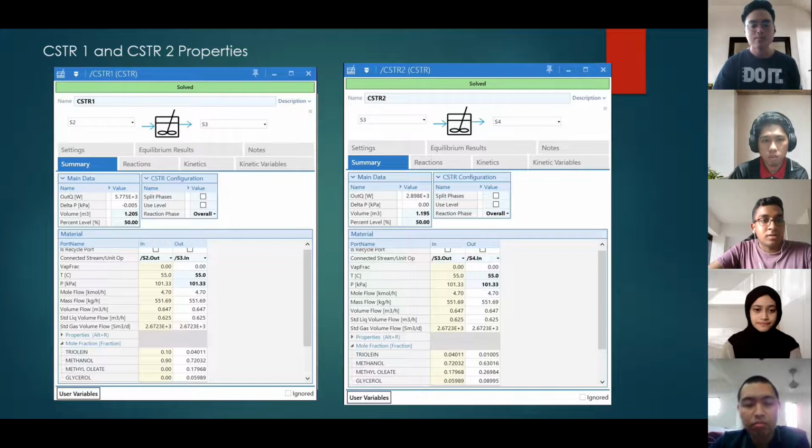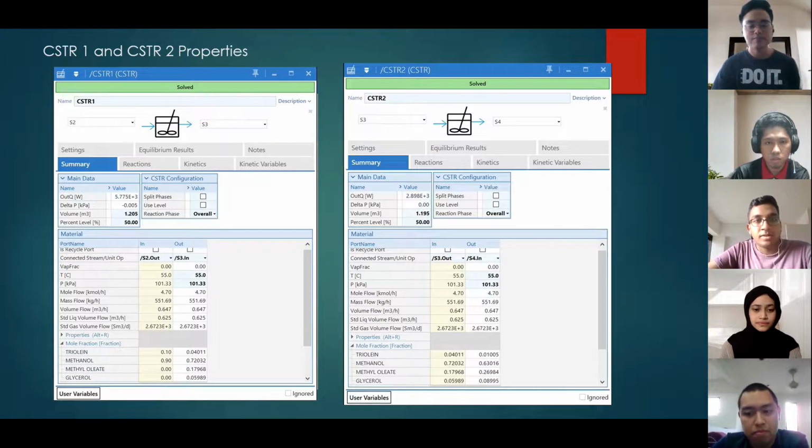So here we will be using two CSTRs in series, in which the first CSTR has a volume of 1.205 cubic meters, and the second CSTR has a volume of 1.195 cubic meters. Both CSTRs will produce a conversion of approximately 90%. So I will pass to Imran to explain the simulation and manual calculation.